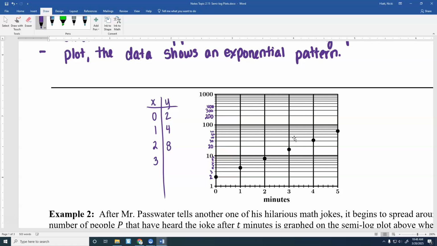At 3, now we're going to have to start guessing a little bit more. But based on the pattern I already see, 2, 4, 8, what would we have? 16, right? Which looks about right because it is at least between 10 and 20, right? A little closer to 20. Then at 4, what should I have? 32, and that looks about right because that's close to 30, and then 5 would be 64.